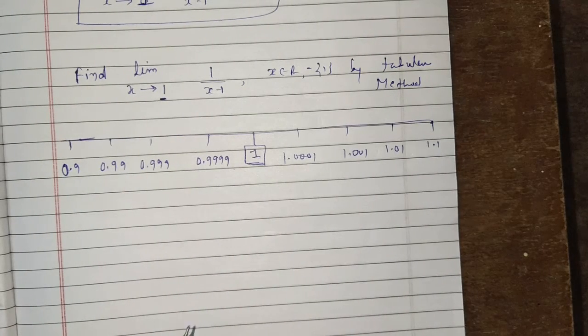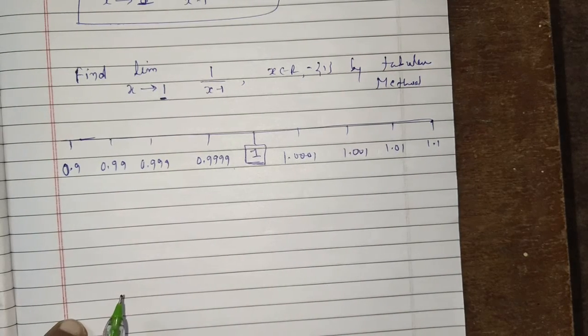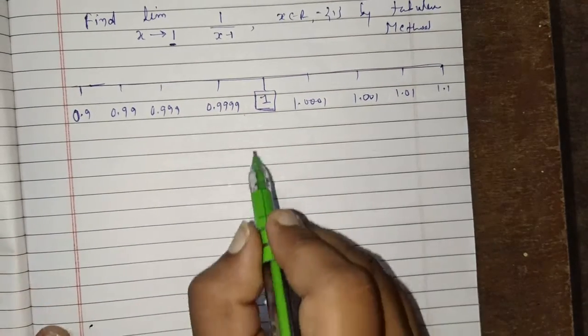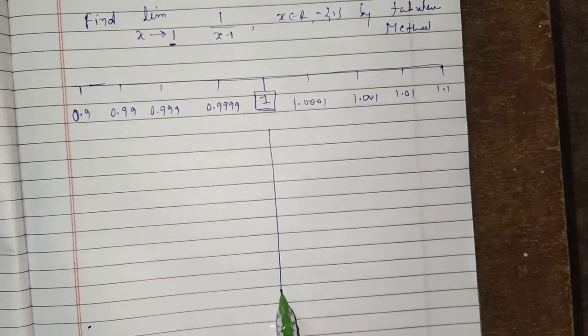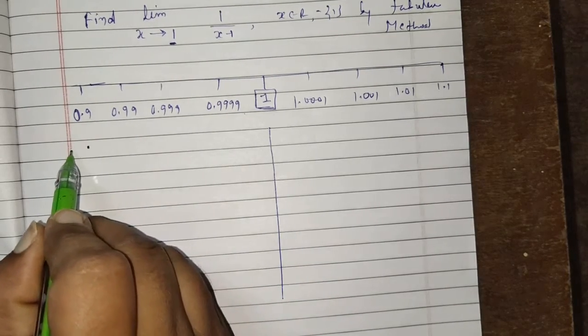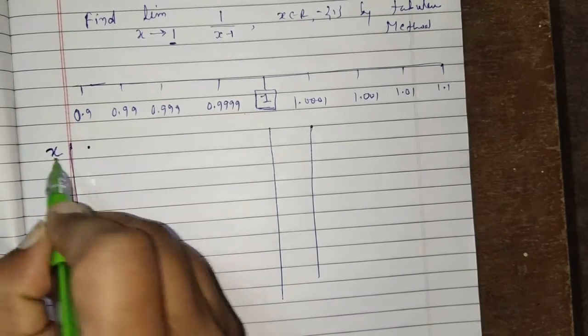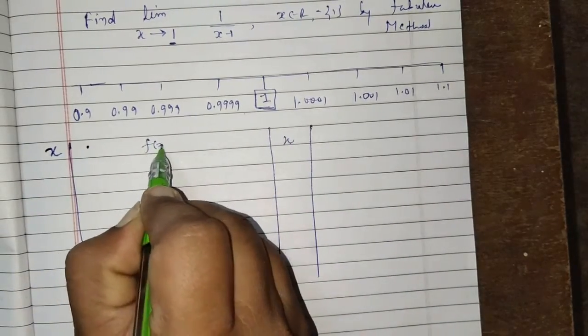Again, in the same way, we have both the values. Now see what happened. We have x and the function f(x).